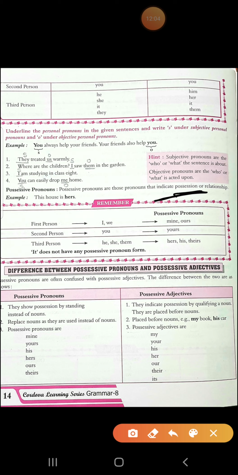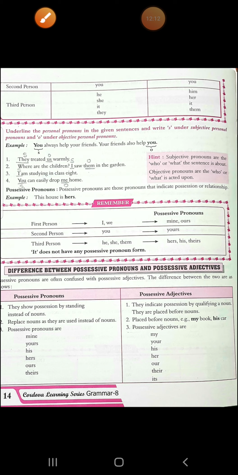It shows your possessive nature. This is clear. Then you can see this example. This house is hers. We are telling about a girl because hers is there. It is showing her ownership towards that house.